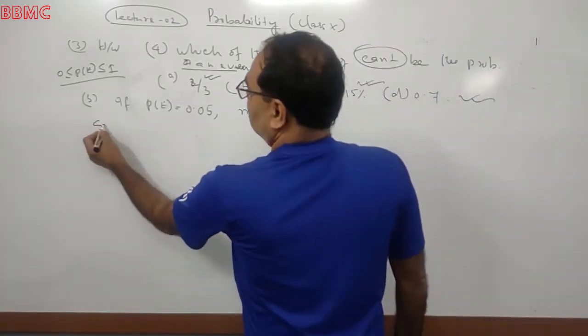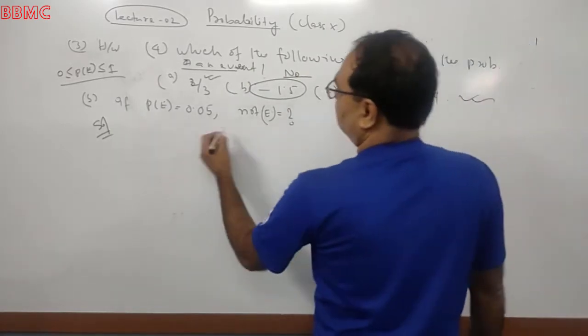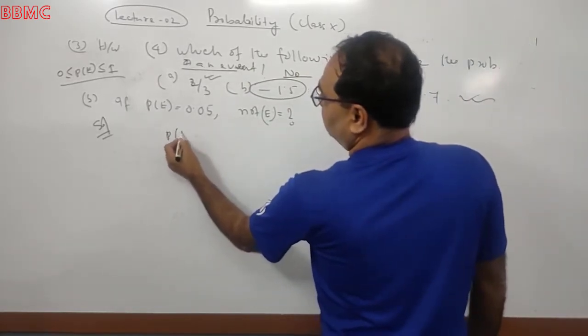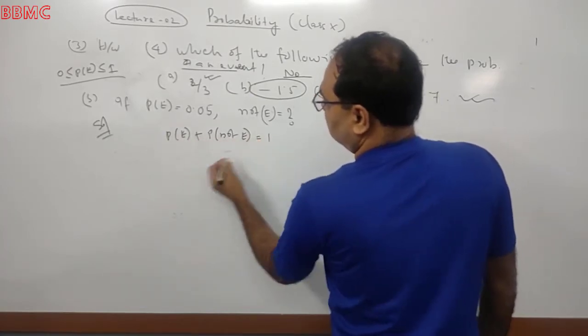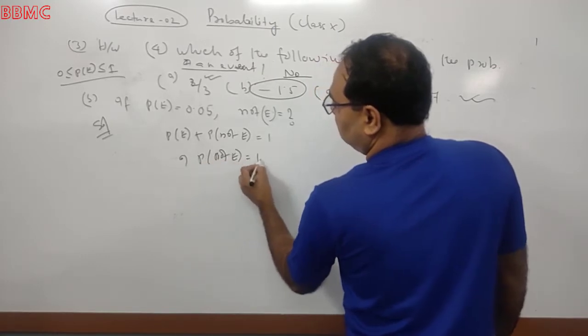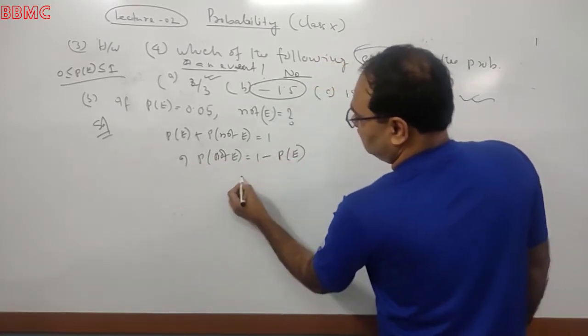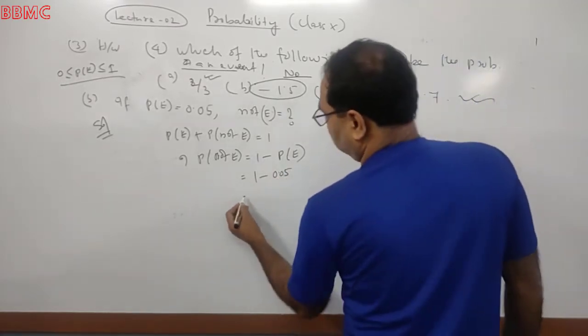Number 5. What is number 5? P of E is given, we have to find the value of P of not E. We know P of E plus P of not E is equal to 1. So P of not E is equal to 1 minus P of E. So 1 minus 0.5, 0.5. Then what is the answer?